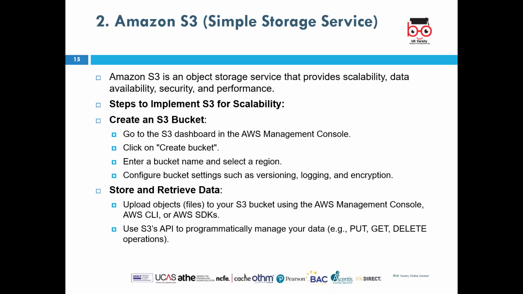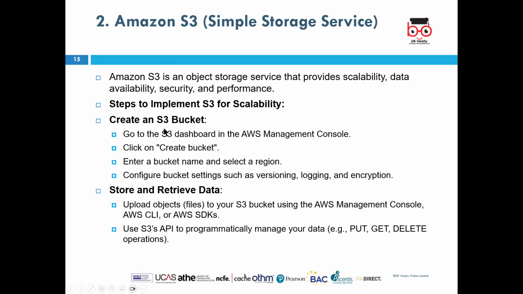And once this is done, after the 12 months, we'll have a clear idea of what we're doing, how much storage we need. As you can see here, Amazon S3 is an object storage service that provides scalability, data availability, security, and performance. So it is very easy to set up.